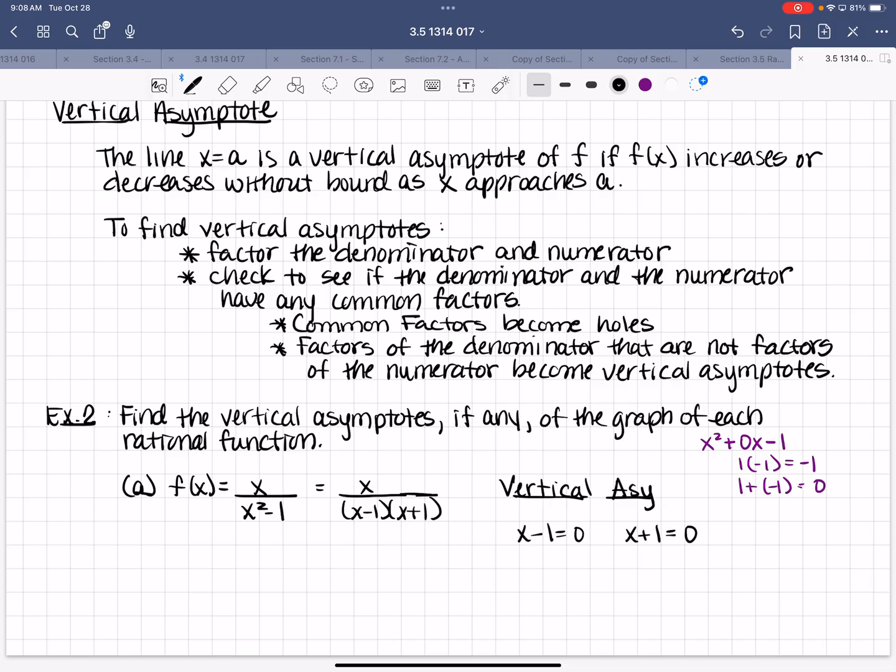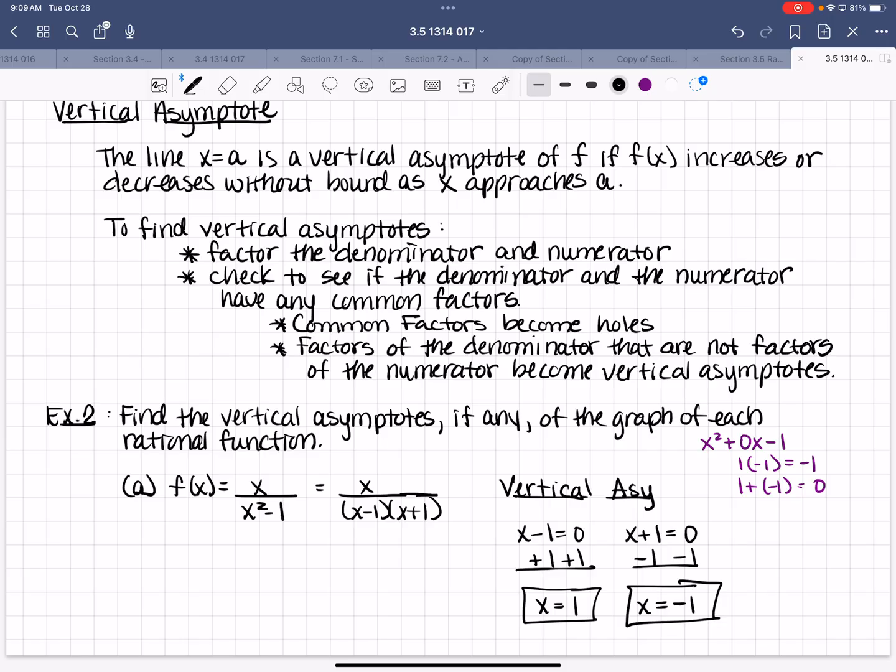I add 1, and that gives me a vertical asymptote at x equals 1. Then I subtract 1 and solve, and that gives me a vertical asymptote at x equals negative 1. That's all you really have to do.